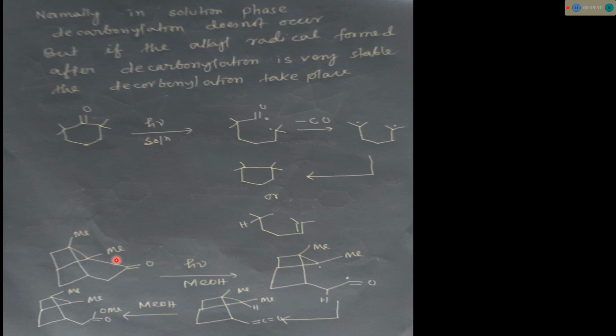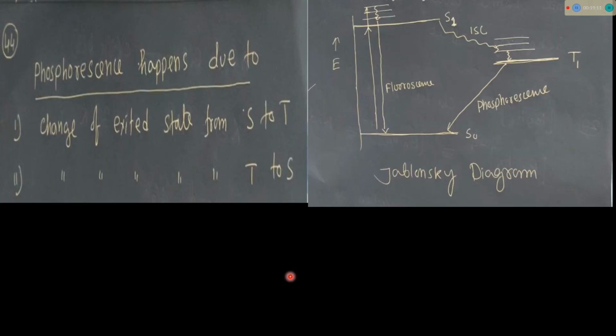So first this bond breaks to form a stable radical and one radical at the carbonyl carbon. Then this 3-degree radical abstracts this hydrogen to form a ketene, and after that methanol attacks this ketene to form an ester like this. So just for extra information, to practice on extra questions, I put this example. I think it will help you for upcoming exam purposes. So let's move to the next question.